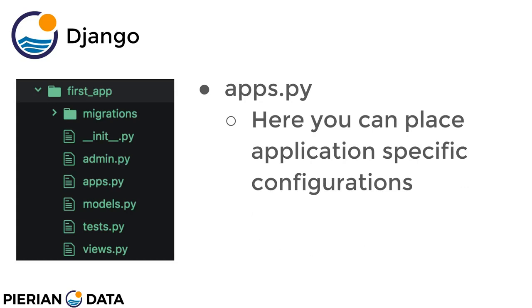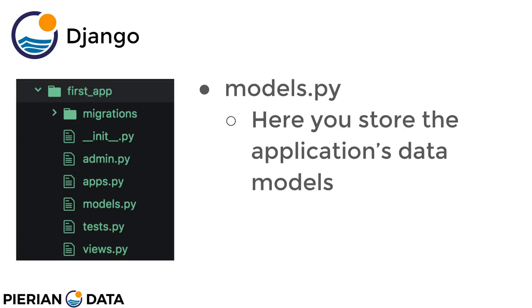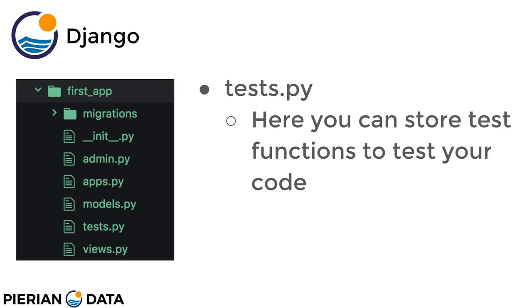Then we have the apps.py file, and that essentially provides a place for any application-specific configuration. Then we have the models.py, and this is going to be a place to store your application's data models. And that's where you're going to specify the entities and relationships between the data. And that will make a lot more sense when we actually begin to play with that file.